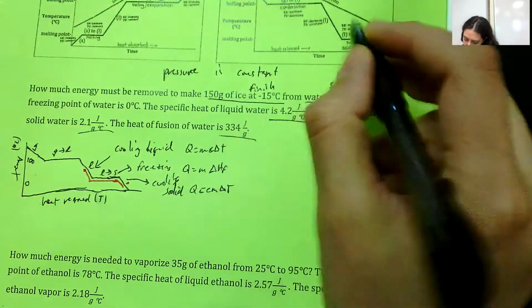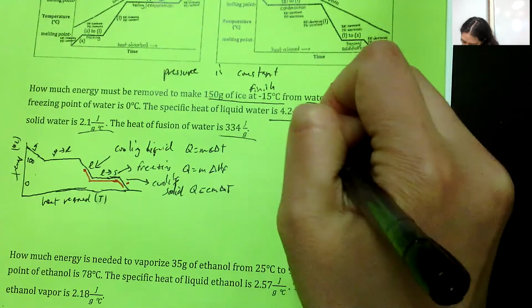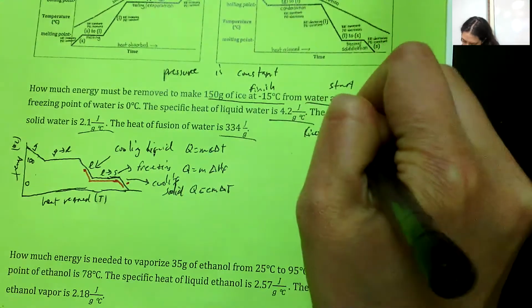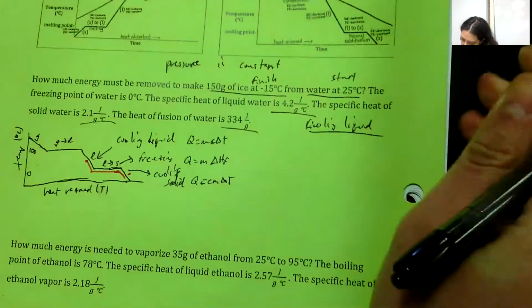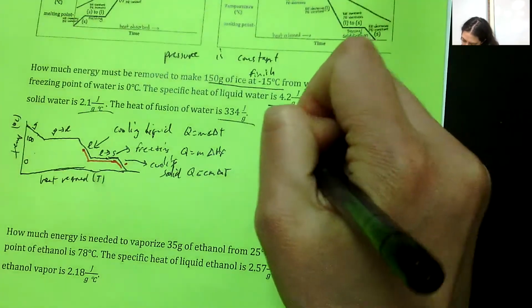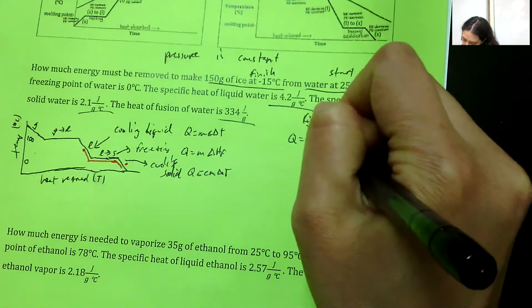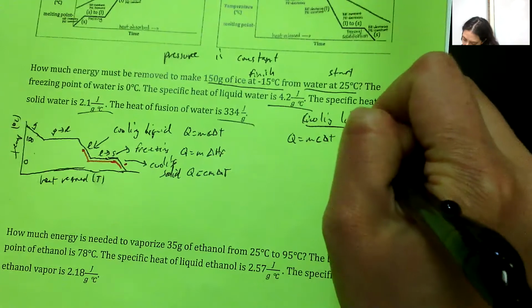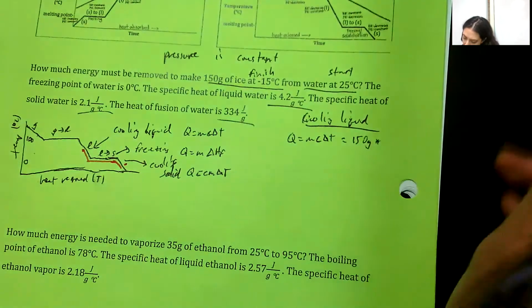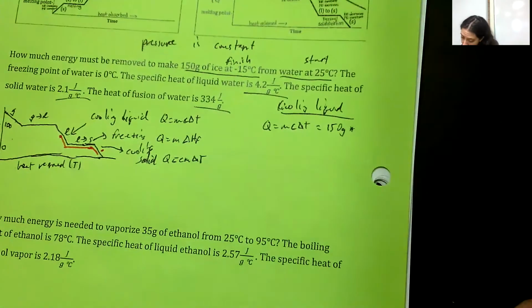If we start with cooling the liquid water, we have 150 grams of water, Q equals MC delta T, and this is the C of liquid water. We've got 150 grams. Now we need the specific heat of liquid water.